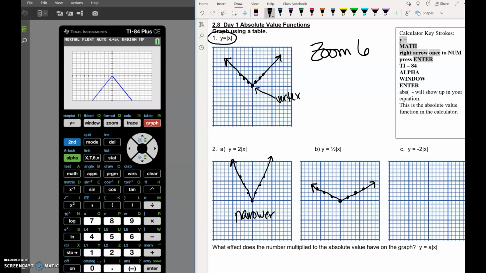Instead of a V-shaped valley, it's now a mountain. It flipped over the x-axis. So now the vertex is still at 0, 0. It didn't move the vertex, but now it's down 2, out 1 to get those points.